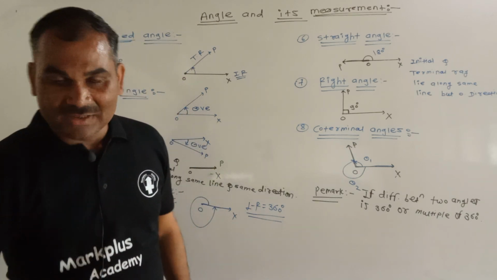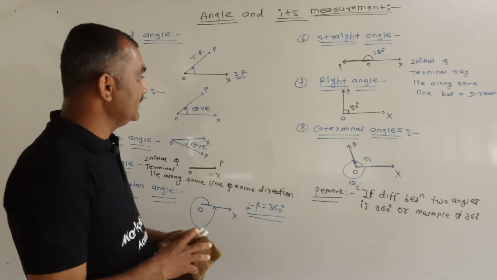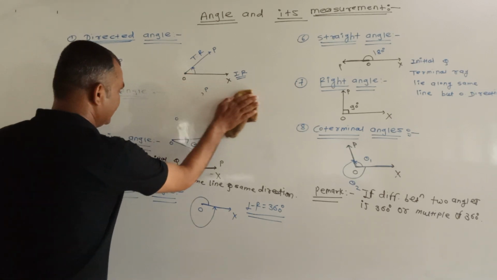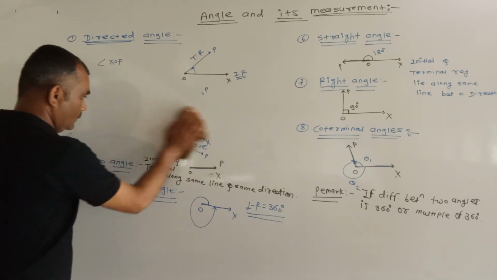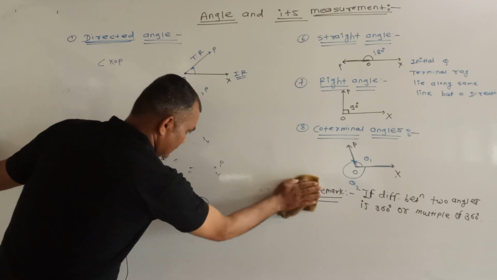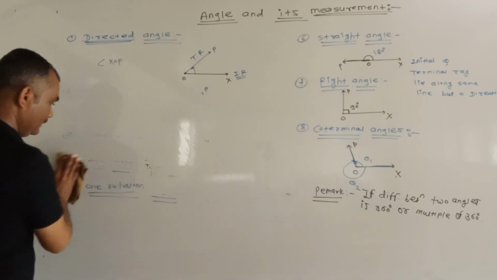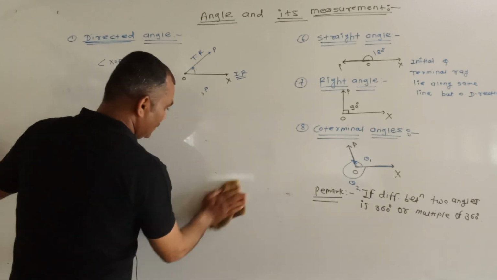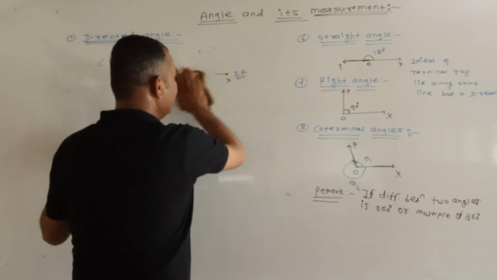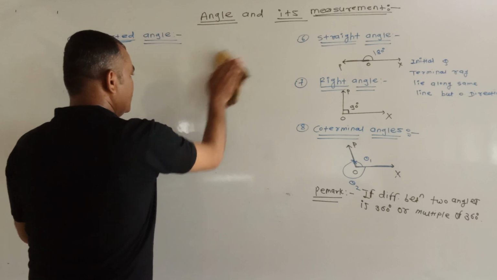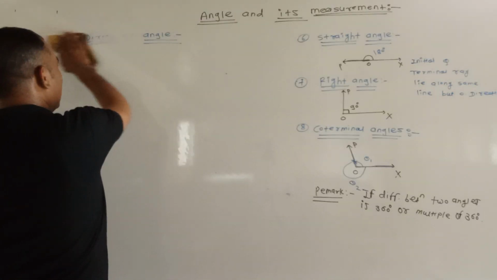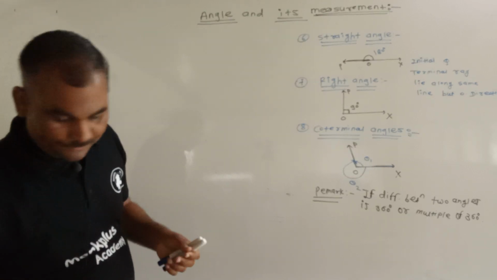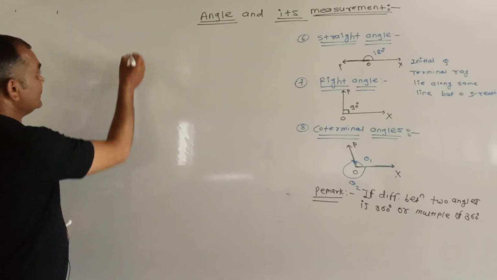Now after that we will discuss the next types of angles, that is angles in quadrant. Suppose आपके पास 4 quadrants होते हैं. In quadrants we have to measure the angle, उसे हम बोलेंगे the angles in quadrant.